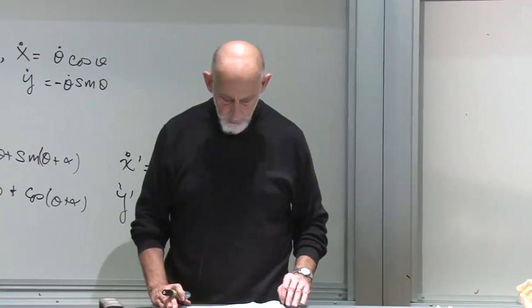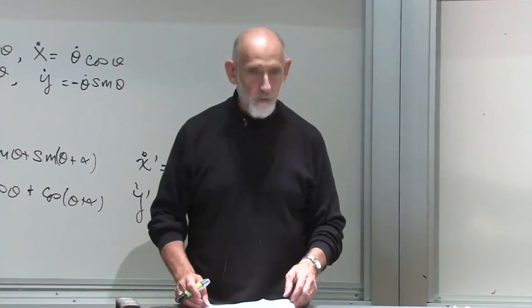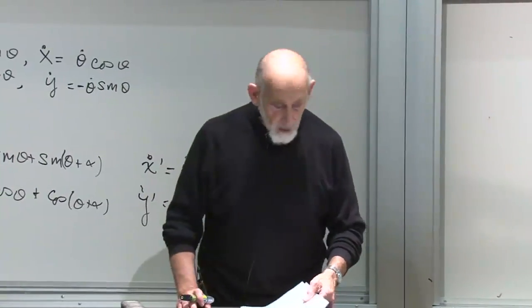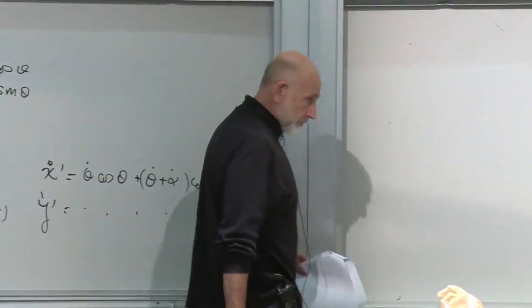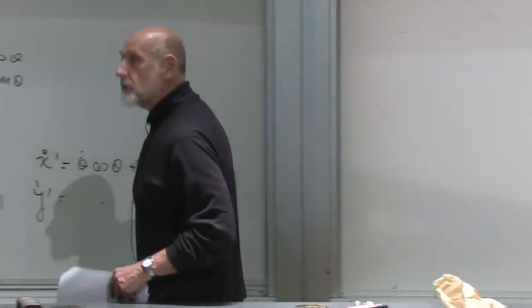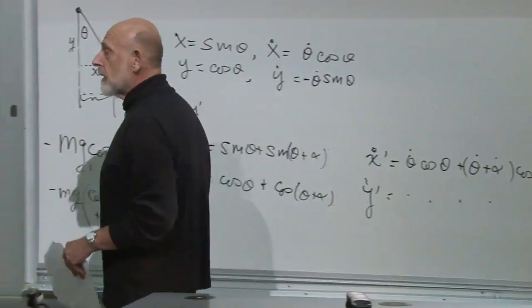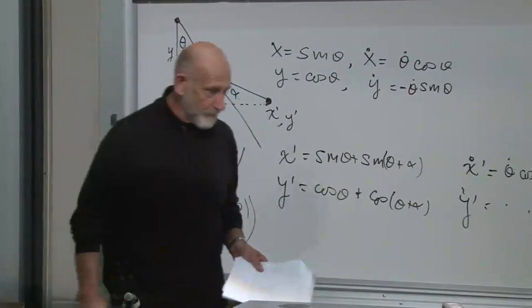Okay, let's define or prove or work out, derive Hamilton's equations of motion. Now, in Hamilton's equations of motion, the focus is not on the q's and the q dots. It's on the q's and the p's. What are the p's? The p's are the momentum conjugate to the q's.